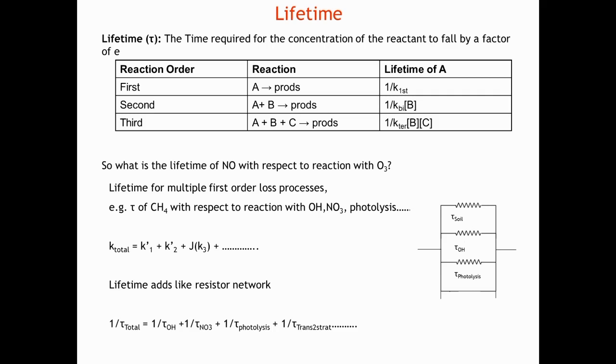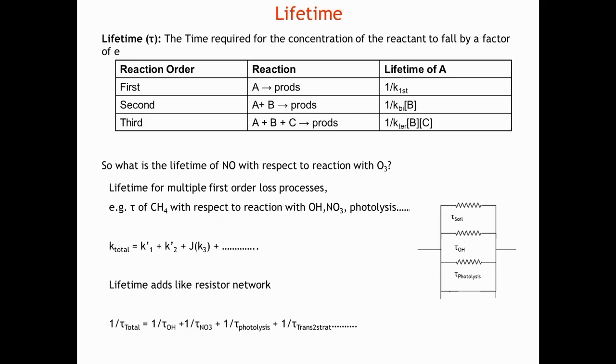Now, first order reactions, the unimolecular ones, are simply A going to products. So this might be a thermal reaction or a photolysis reaction, and it just produces the products. And the lifetime is just 1 divided by the unimolecular rate constant. What's the units of the unimolecular rate constant?